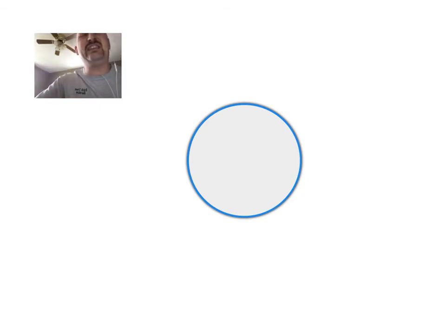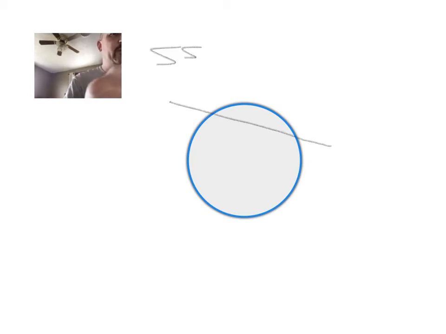So we're down to secant. A secant is going to look like this. It is going to go through the circle. It's just like a chord, only it keeps on going.